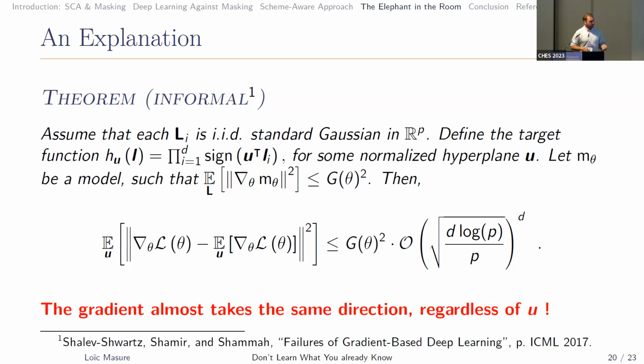So the interpretation of this theorem is that regardless of your leakage model on this bit size and this monobit simulation, the gradient will almost take the same direction, which is a bit uncomfortable because this means that the gradient carries pretty much no information about what you are trying to learn.